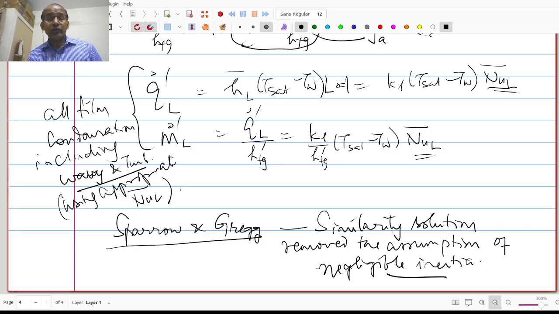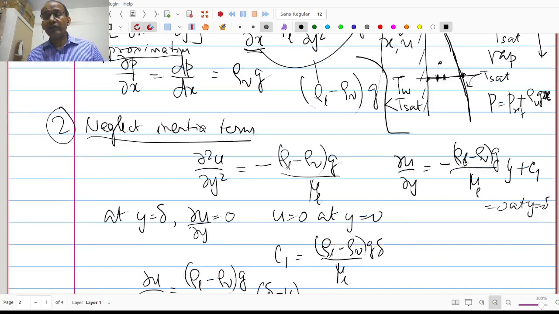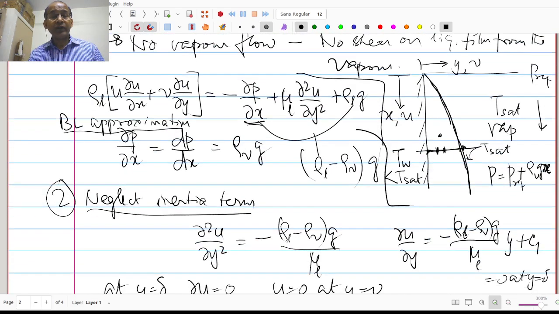The entire boundary layer equations were solved using the similarity method.